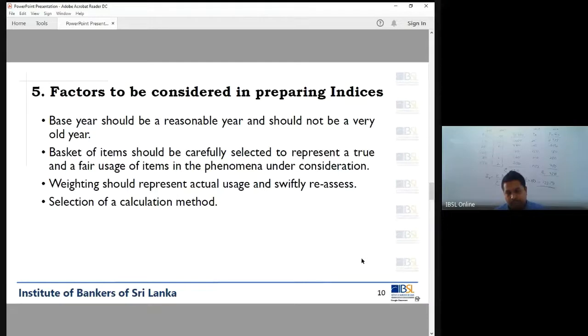Okay? Now, to determine how many kilograms of rice that family is going to consume, what's the obvious thing you have to do? You have to do a sample survey. You can't reach the entire population. You have to do a sampling survey and find the average number of kilograms that you are using.